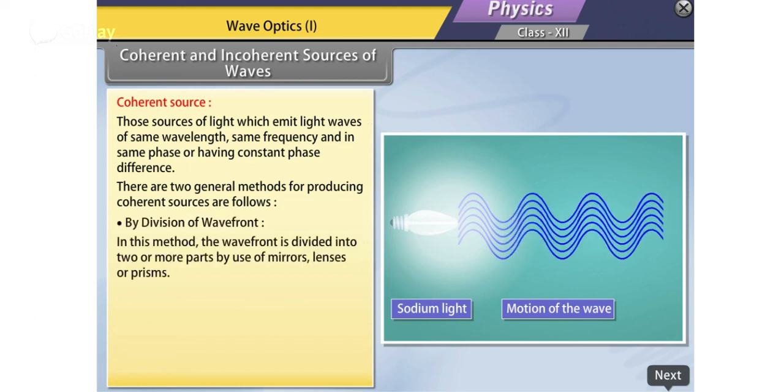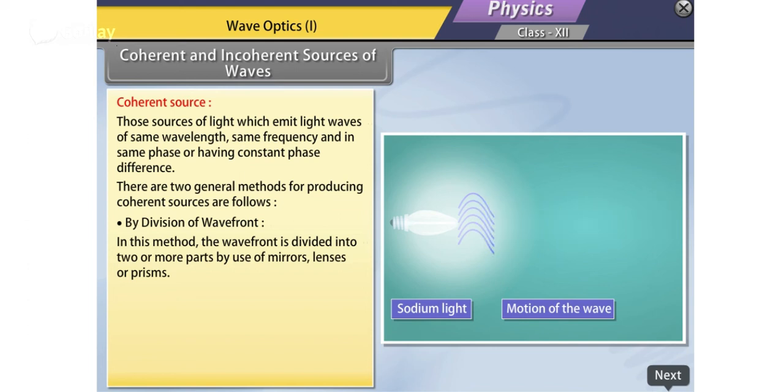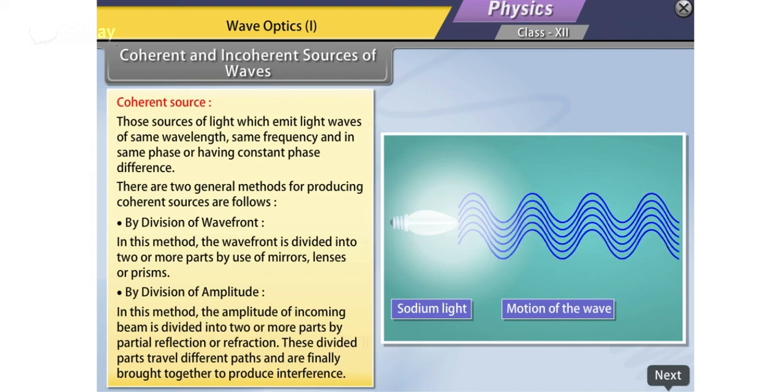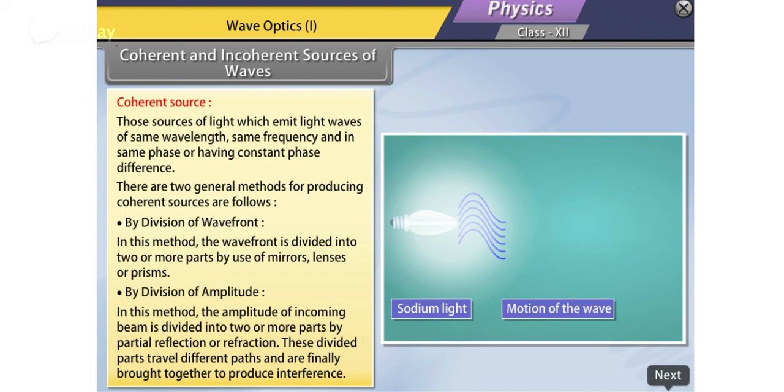In this method, the wavefront is divided into two or more parts by use of mirrors, lenses, or prisms. By division of amplitude. In this method, the amplitude of incoming beam is divided into two or more parts by partial reflection or refraction. These divided parts travel different paths and are finally brought together to produce interference.